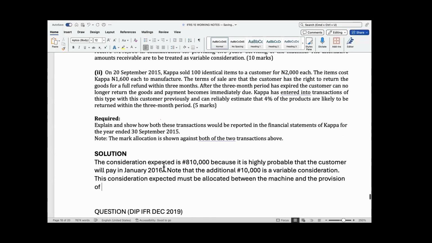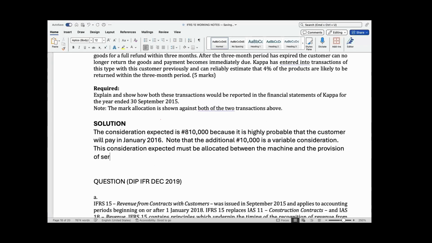The provision of service of the machine. It must be allocated to these two based on their standalone selling prices.